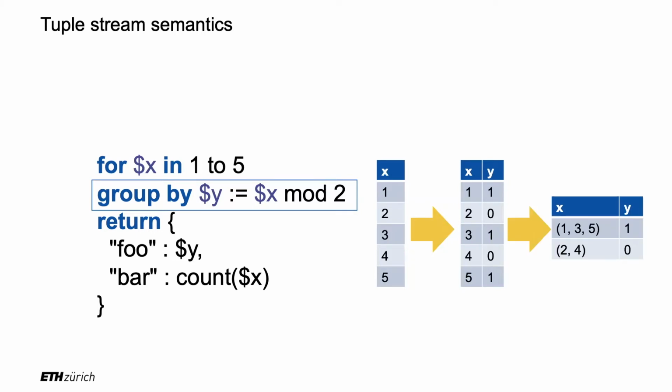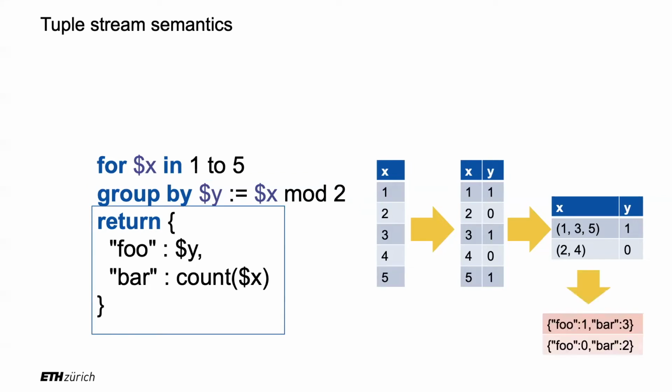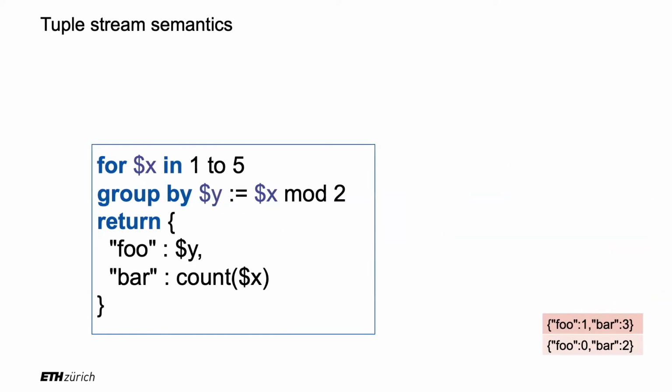As I explained earlier, once you have your groups, the key x that used to be associated with one value at a time is now associated with sequences, one for each group. This is what the group by does. And then you have the return. As you can see, foo is $y, and then we take the count of x. This is something we could do in SQL, the count of x, and that's what is returned.